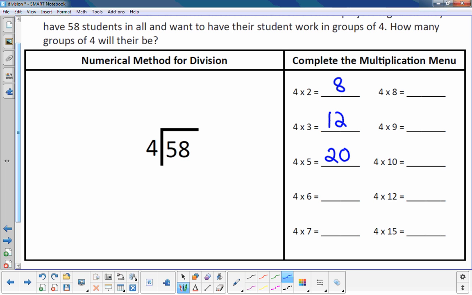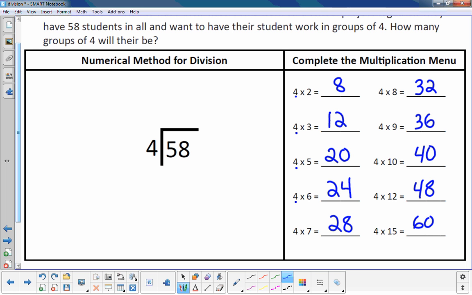And students should be used to doing this by now. And it doesn't have to be these specific facts. But you will notice it's multiplication facts of 4.